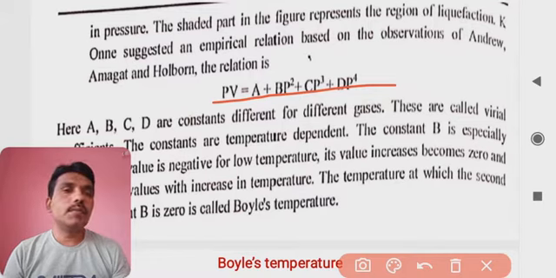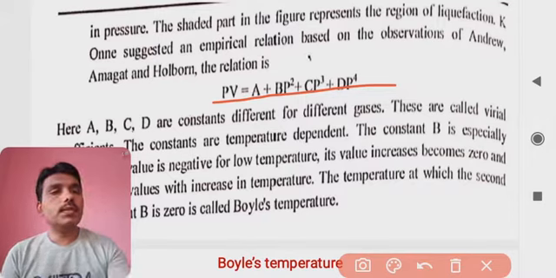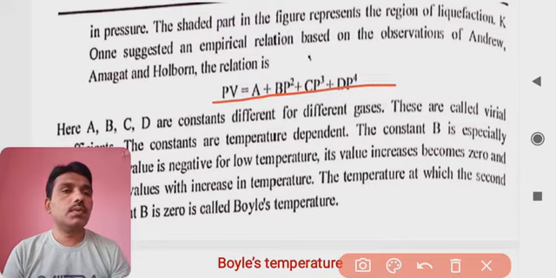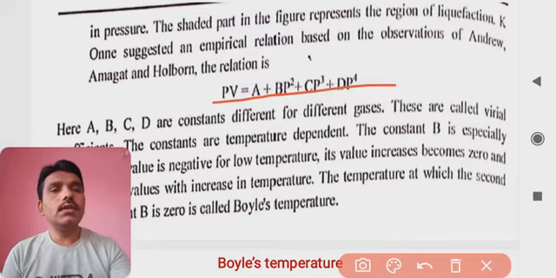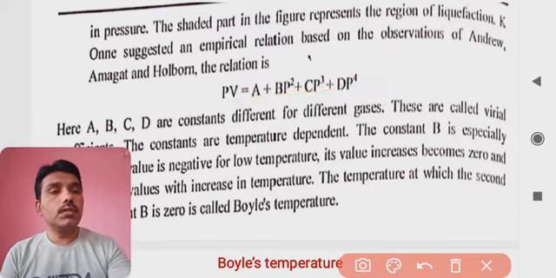But for different gases it is a different relation, that is A plus BP square plus CP cube plus DP raised to 4. And these constants A, B, C, D are called virial coefficients. And the constants depend on the temperature.